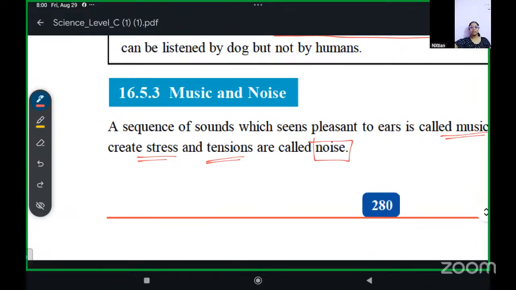They are known as noise, which are unpleasant to hear, such as traffic, very loud speakers, and other things such as machinery sounds, sounds that are there in a factory or industry. Do you know that the people that work in factories have a reduced hearing capacity?